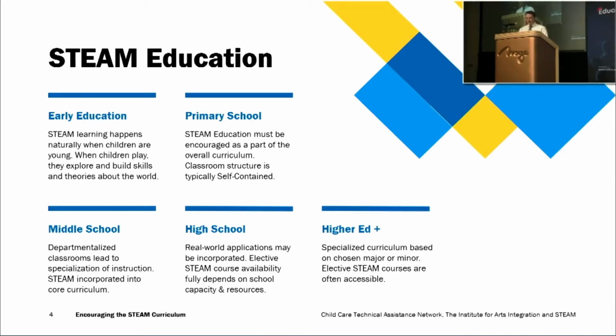When we get to high school, you might start to see real-world applications in STEM. But again, in departmentalized classrooms in high school, you're going to see silos once again. So we're trying to break silos in early age education, but in departmentalized classrooms, we're still stuck in them. And then in higher ed, where we live, the curriculum is primarily specialized based on your major or minor or school, but often electives are available to those students.